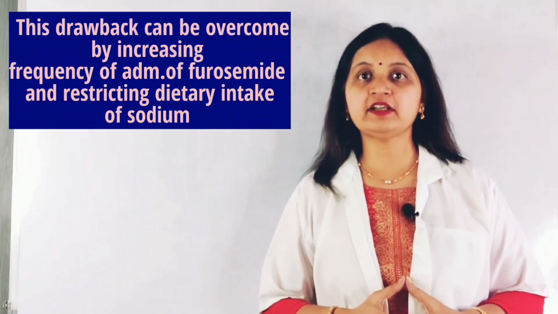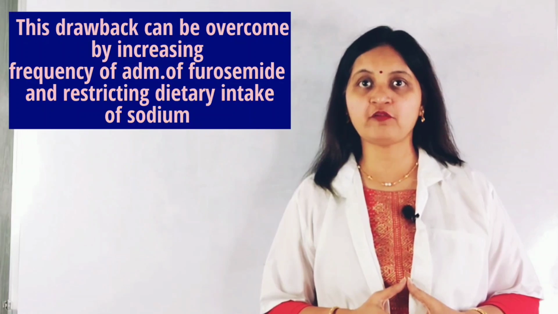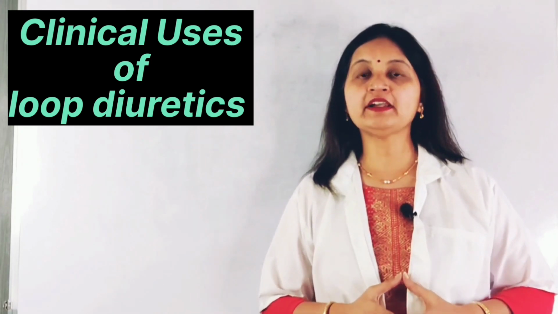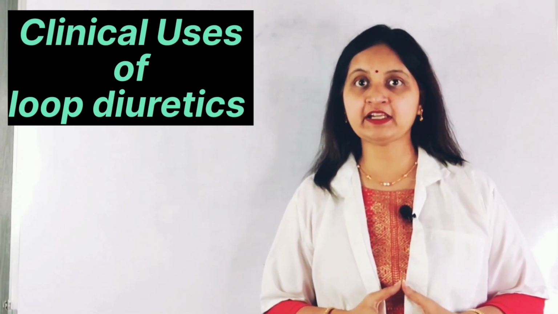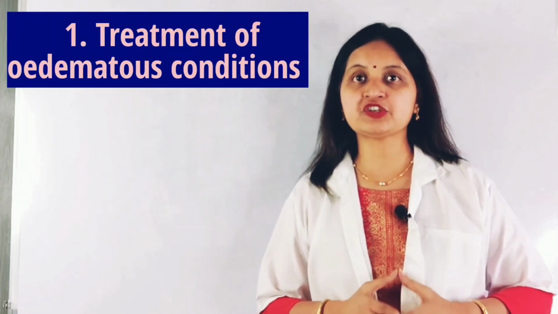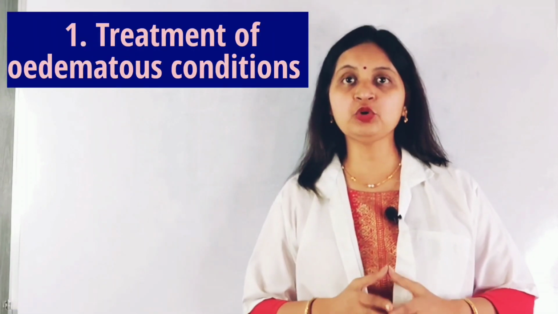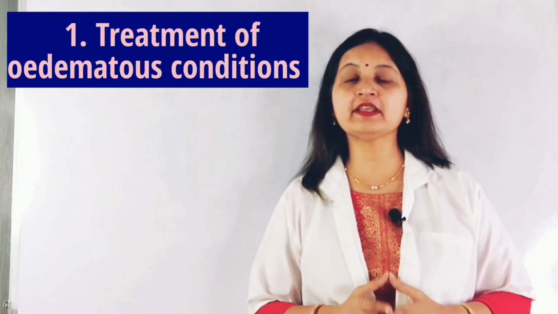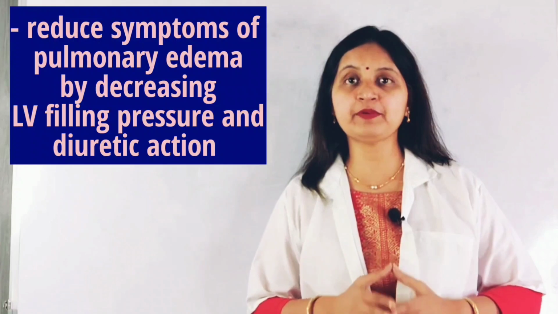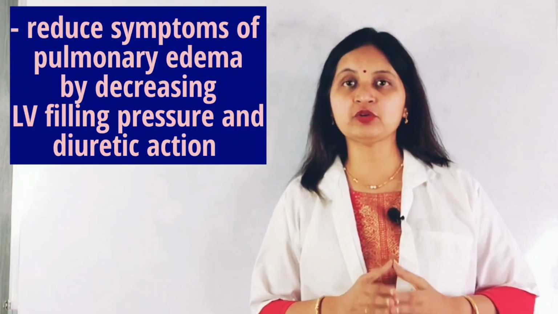So now that we have learnt about the pharmacological effects of loop diuretics, let us now discuss the clinical uses of loop diuretics. The loop diuretics, because of the diuretic effect, are very useful in the management of clinical edematous conditions. For example, in acute pulmonary edema, the loop diuretics decrease the symptoms by decreasing the left ventricular filling pressure and causing diuresis.